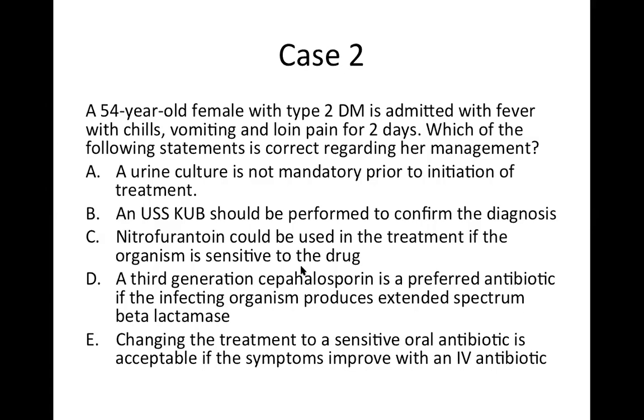So these antibiotics won't be effective. What are the beta-lactam ring containing antibiotics? These are the penicillins and the cephalosporins. So therefore, they won't work against these enzyme producing bacteria. So you can't use a third generation cephalosporin in this situation. So the answer is E.